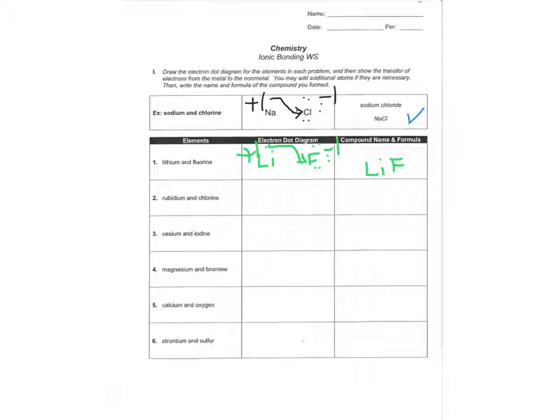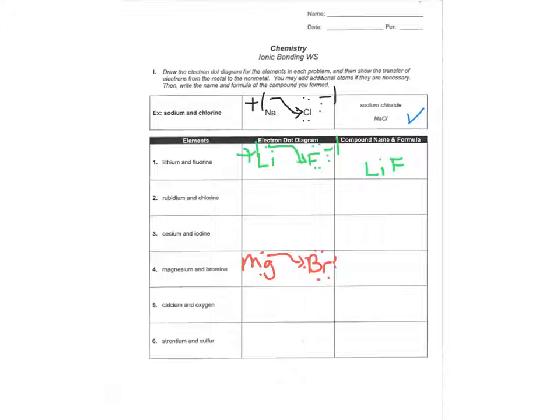For example, in magnesium and bromine on number 4, you have magnesium that's in the 2nd tall column with 2 valence electrons, bromine that's in the 7th tall column with 7 valence electrons. And so magnesium can give up 1 valence electron to satisfy the need of bromine to fill up, and that bromine is full.